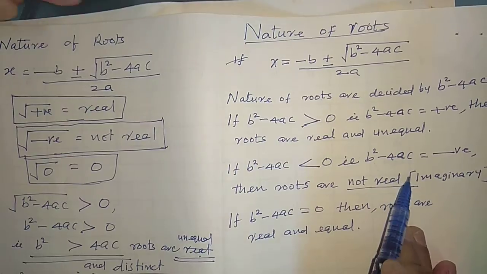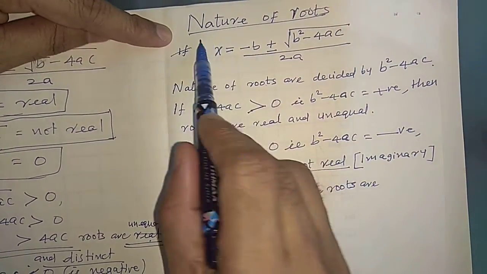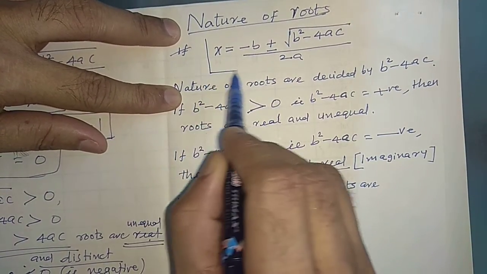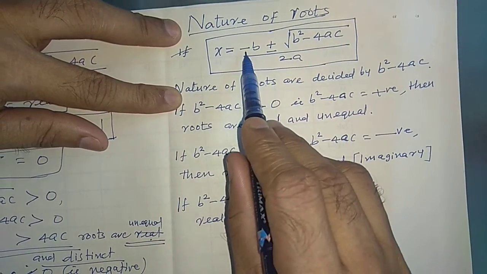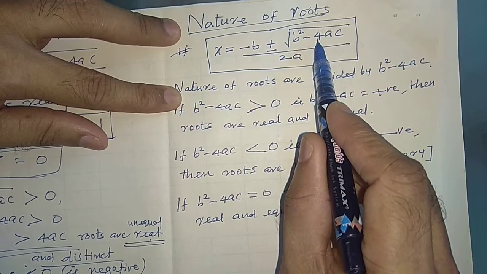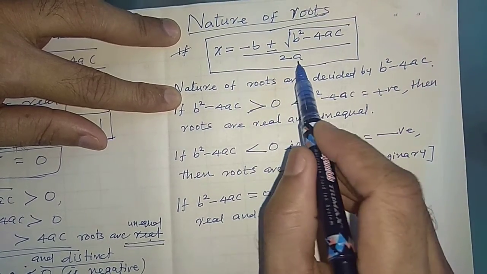It is written here, the same thing. Nature of roots. Formula: x is equal to minus b plus or minus root of b square minus 4ac, the entire right hand side upon 2a.